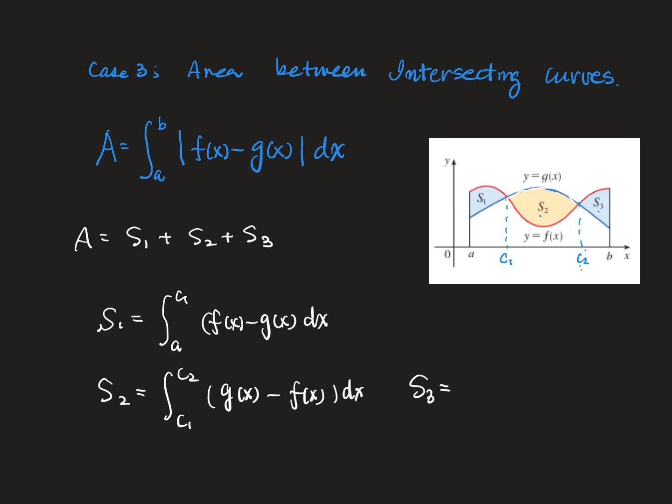The upper curve is f(x) minus g(x), and the interval is c2 to b, dx. Why do we do it this way? Because area cannot be negative. Just keep in mind, when curves intersect, you have to check which curve is up and which curve is down.